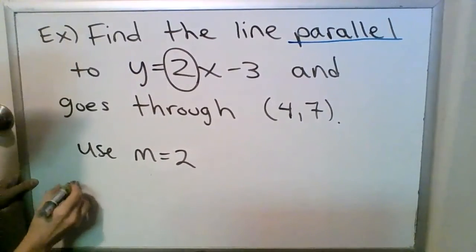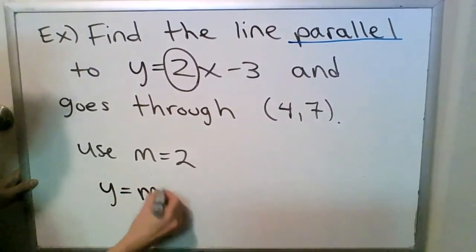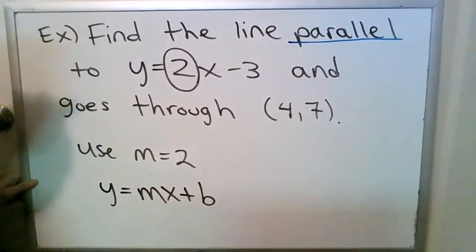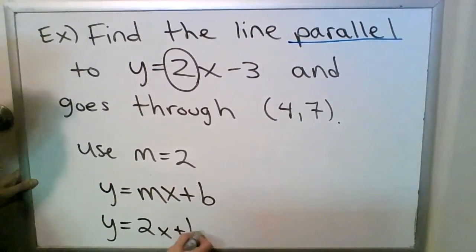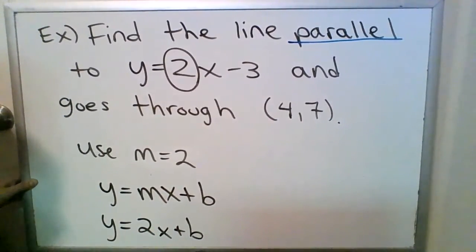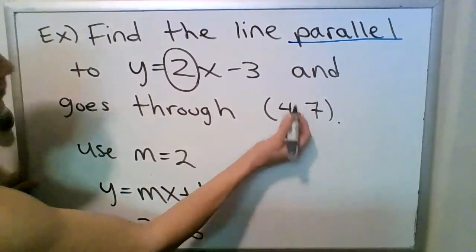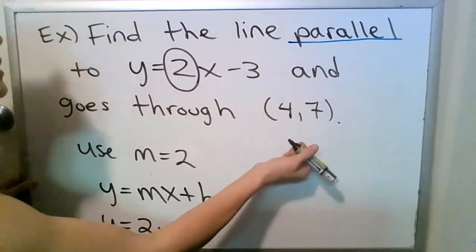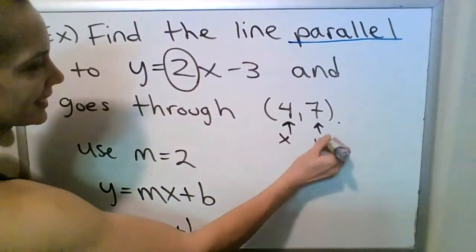And we can take something like y equals mx plus b. And plug in your slope. And use your point. So we have this x and this y on our line. This is x, this is y.